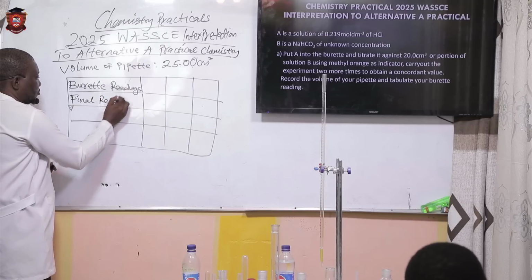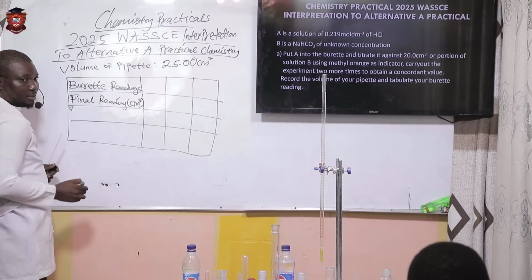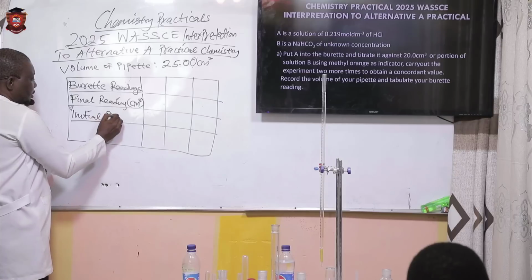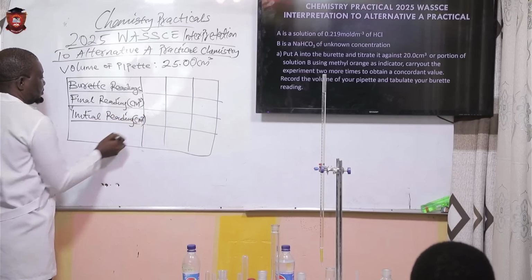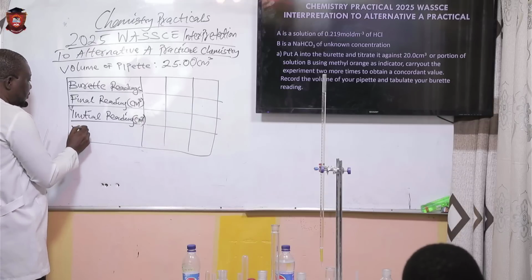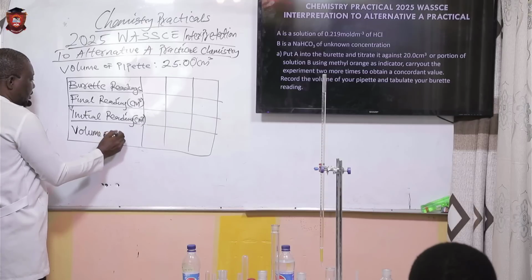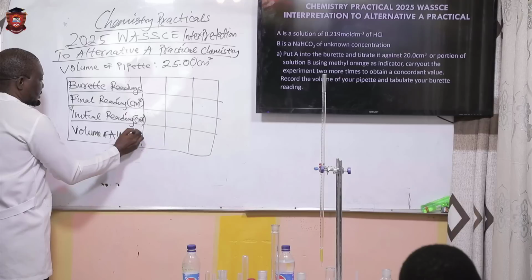Make sure you don't forget the units for measuring volume. Next is initial reading. Don't also forget to put the units, and then the volume of A that was used, also in centimeter cube.